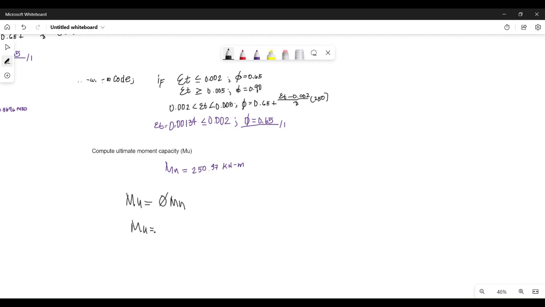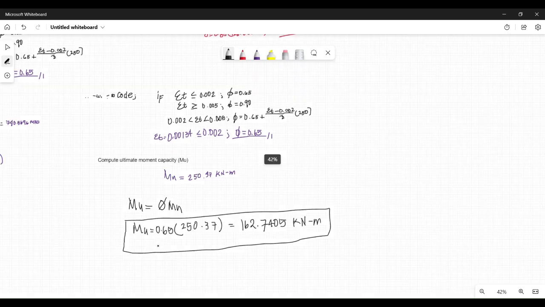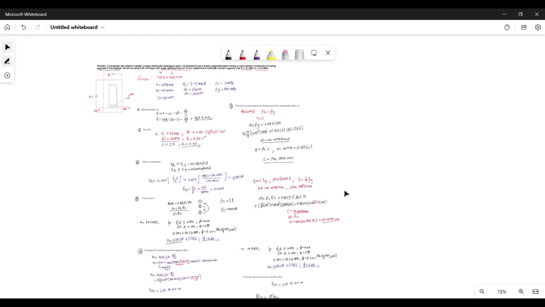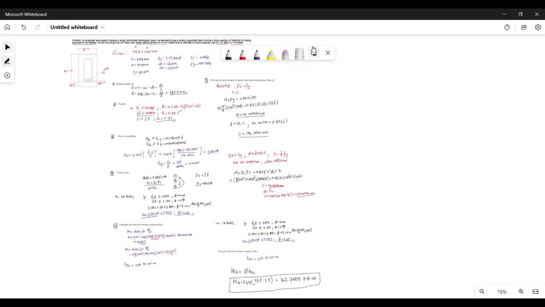MU is equal to 0.65 times 250.37, we will get 162.7405. This is the ultimate moment capacity. That's the final answer. It was a long solution. This is our final answer.